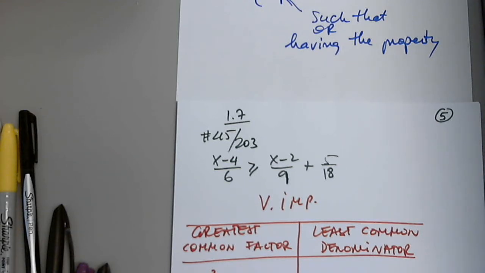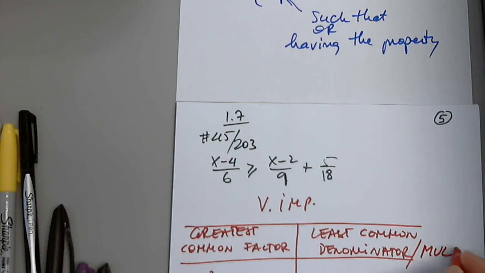If you remember the factoring document that I created. The least common denominator, or the least common multiple, is something totally different.